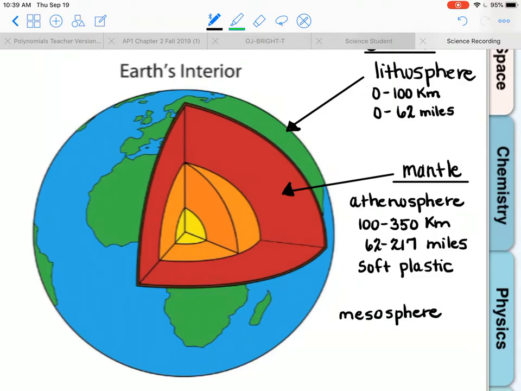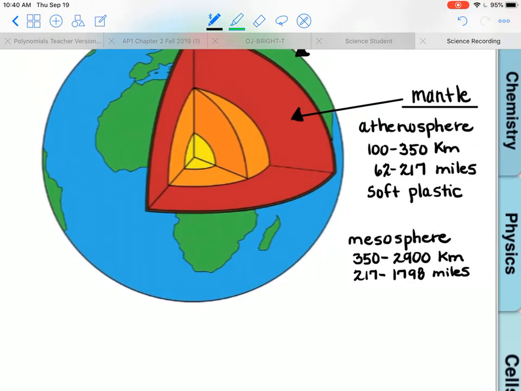And the Mesosphere is from 350 to 2,900 kilometers, very thick layer, or 217 to 1,798 miles. So you can tell that just by those measurements that this is a very thick layer.